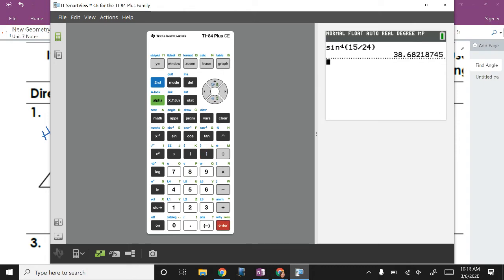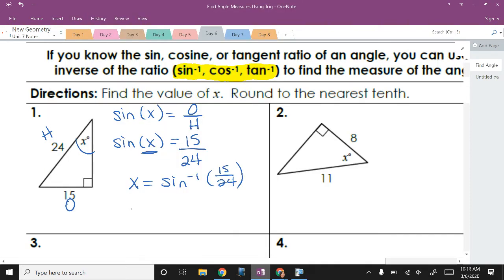And you should get about 38.7. Did everybody get something close to 38.7? Okay, now we were finding an angle. So we say x is approximately, since we're rounding, 38.7 degrees. If you're finding an angle measure, make sure you use a degree.